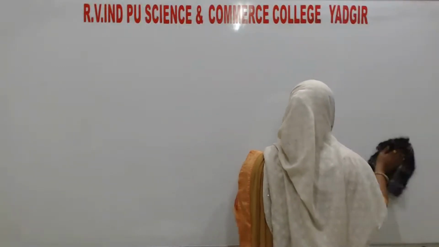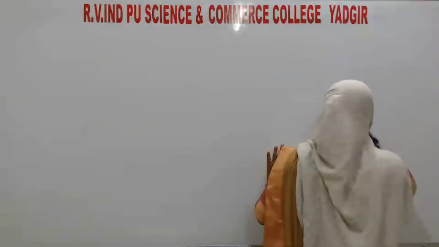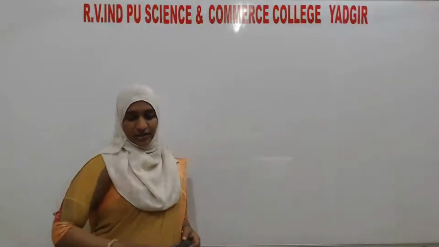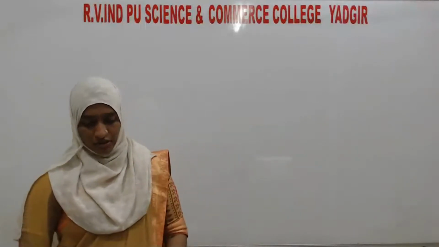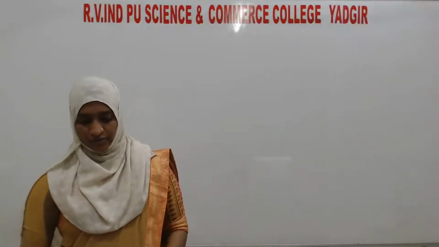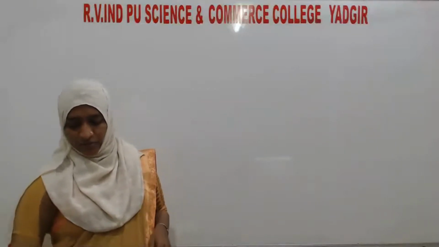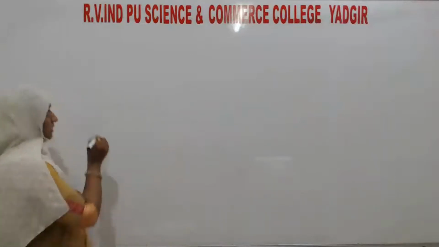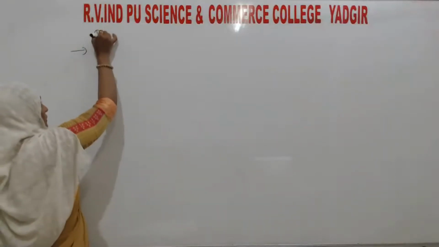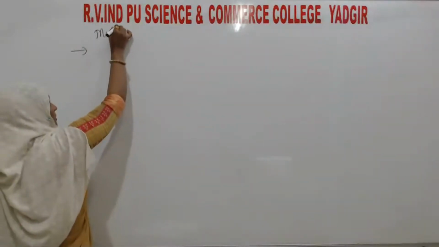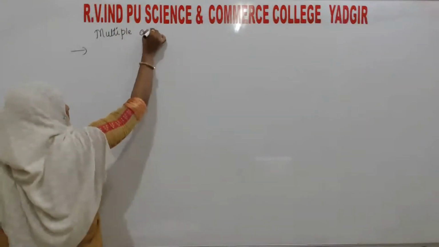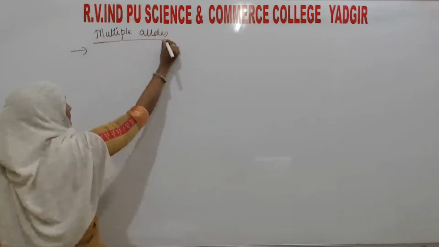Before going to the inheritance of two genes, there is one more example mentioned in the NCERT book that we have to see here. A single gene product may produce more than one effector. This is also about multiple alleles.